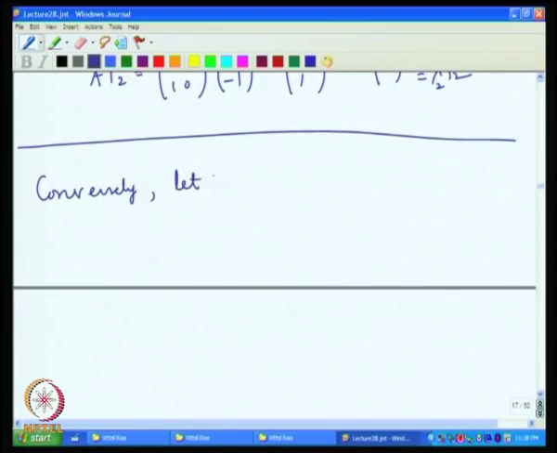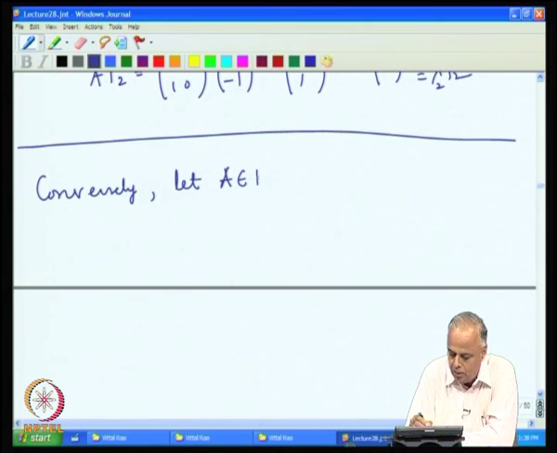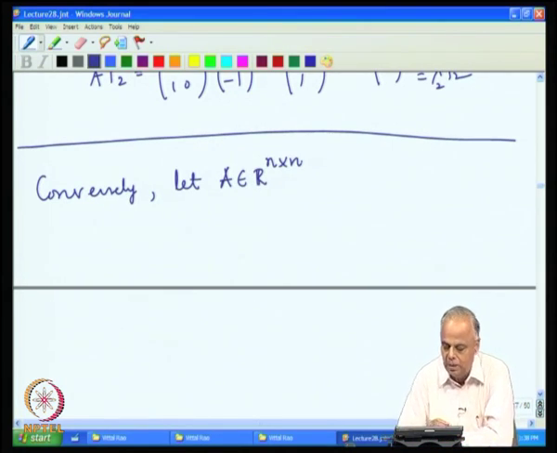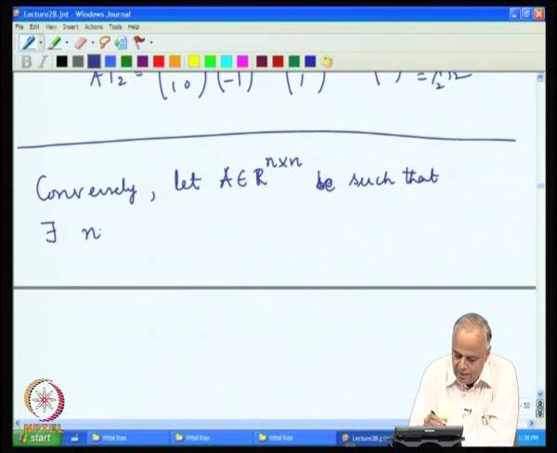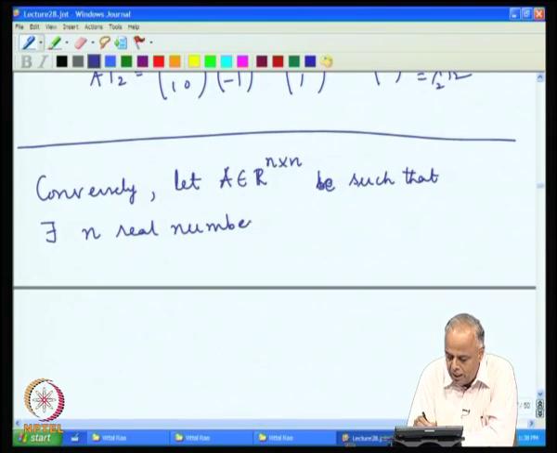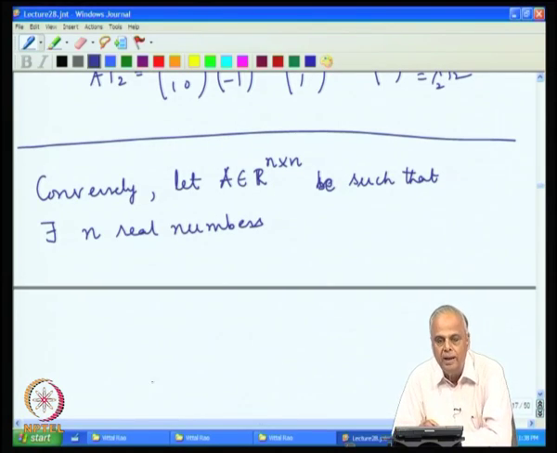let A belong to the real n by n matrix class, such that there exist n real numbers. Previously we assumed diagonalizability and proved the existence of these numbers.